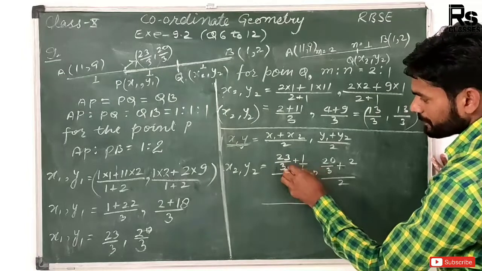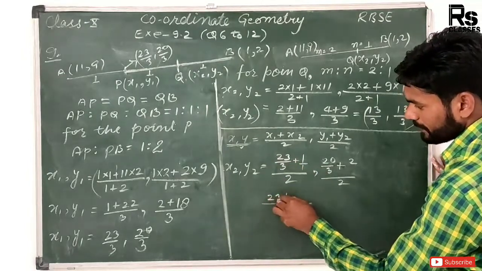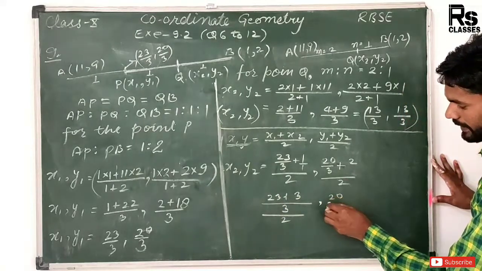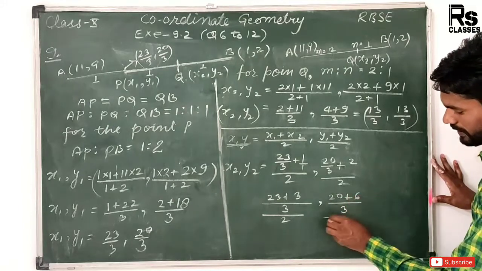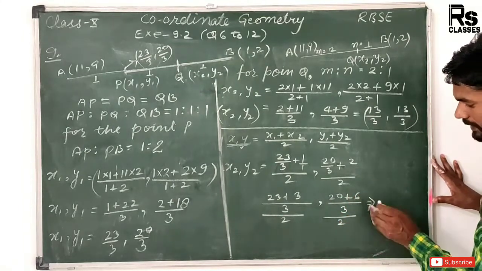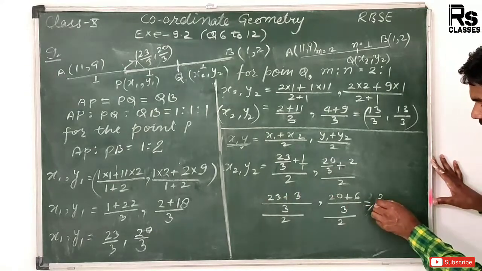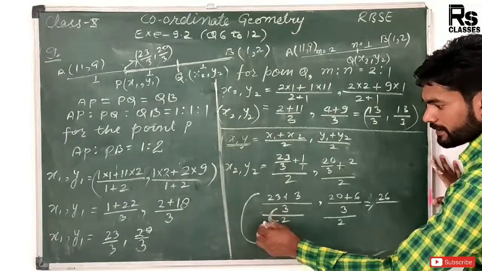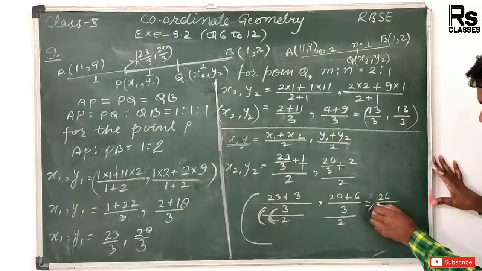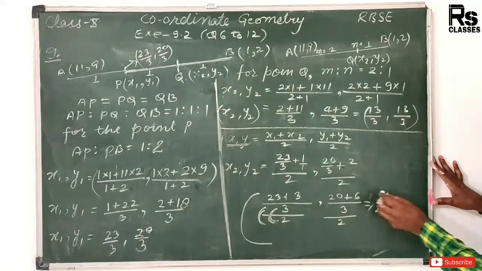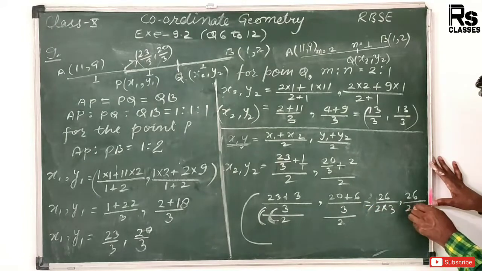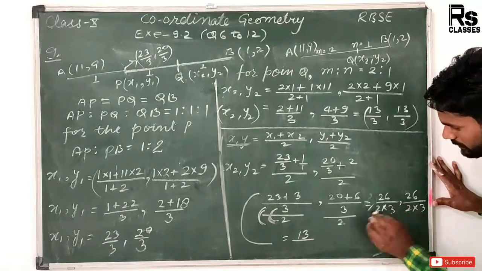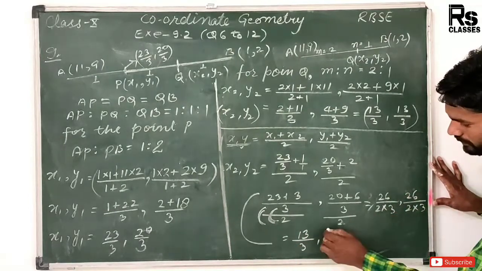LCM of this is 3, so 23 plus 3 upon 3 upon 2, comma 20 plus 6 upon 3 upon 2, which implies 26 upon 2 into 3, comma 26 upon 2 into 3. 26 by 2 is 13, so 13 upon 3 and again 13 upon 3.